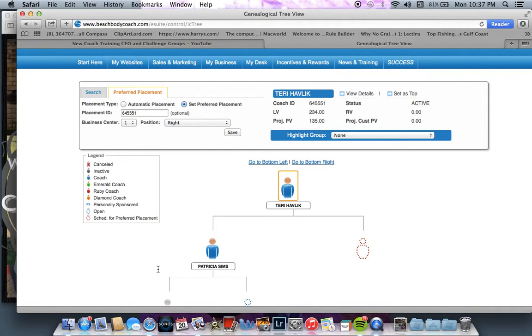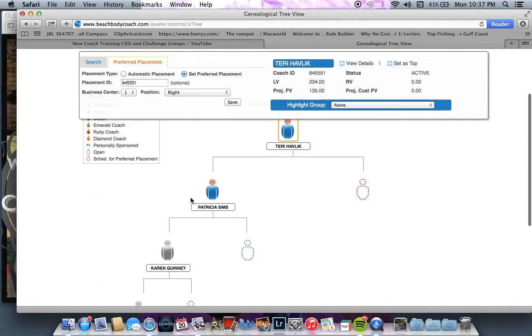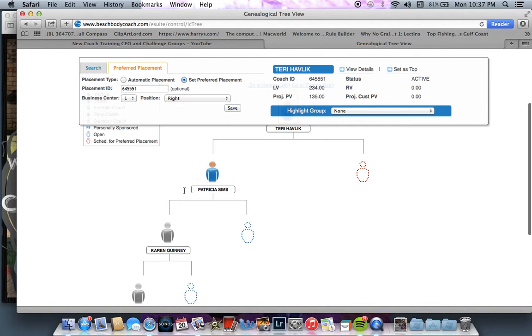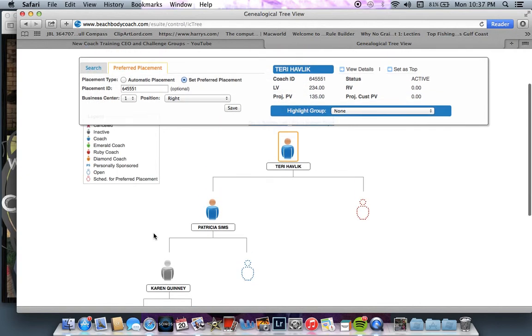I'm going to be talking about volume in the next video and building team volume, and you're going to see that this really is teamwork, that side of your income. So building a good foundation on your right and your left leg is key. All of these people that you're seeing are underneath Terry, but they're not contributing to Terry's rank advancements.